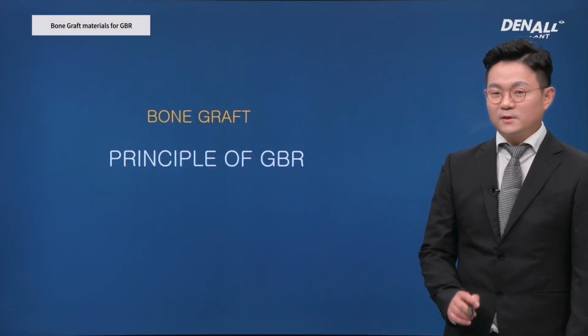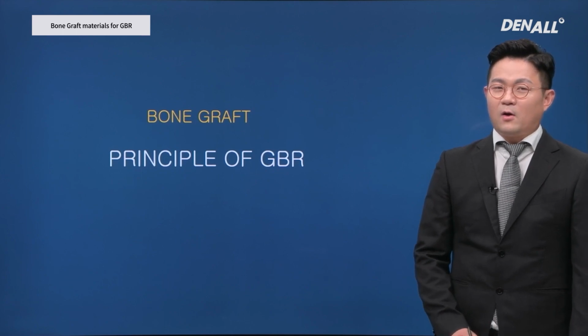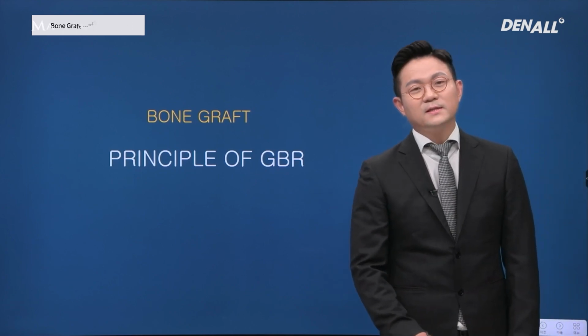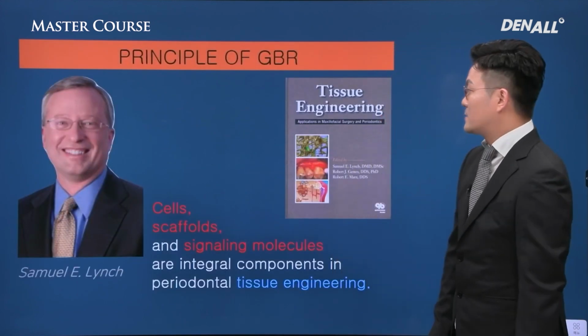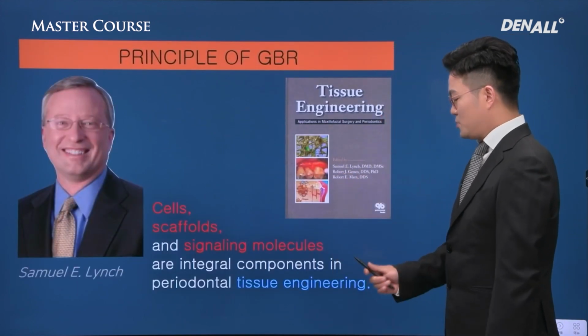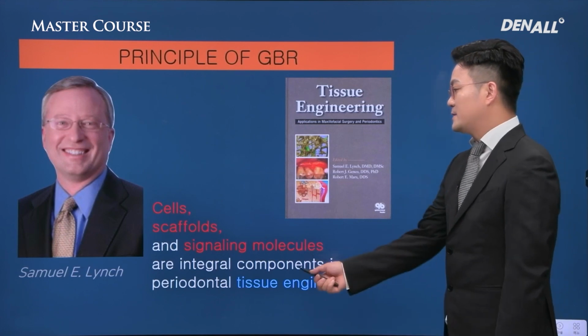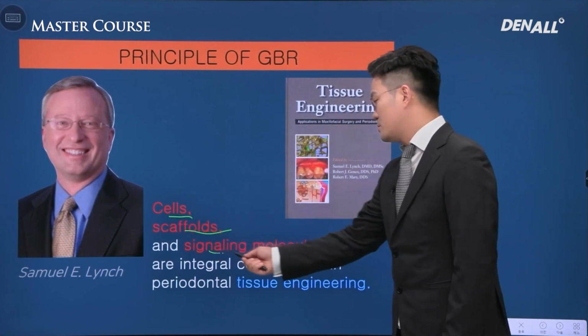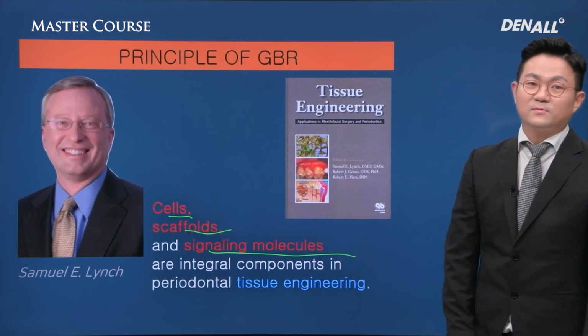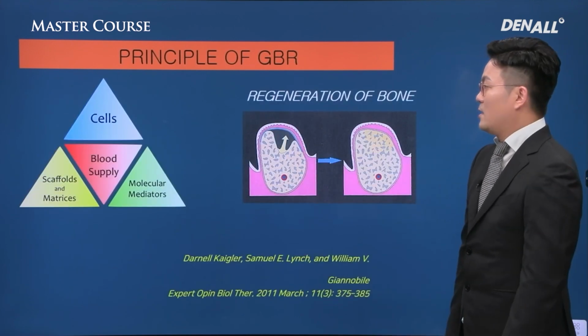First, bone graft materials. Before we talk about which one to use, let's have a look at how bone is formed. Briefly, you may have heard about this many times. Principle of GBR: cells, scaffolds, and signaling molecules are important, according to Samuel Lynch. What are these?